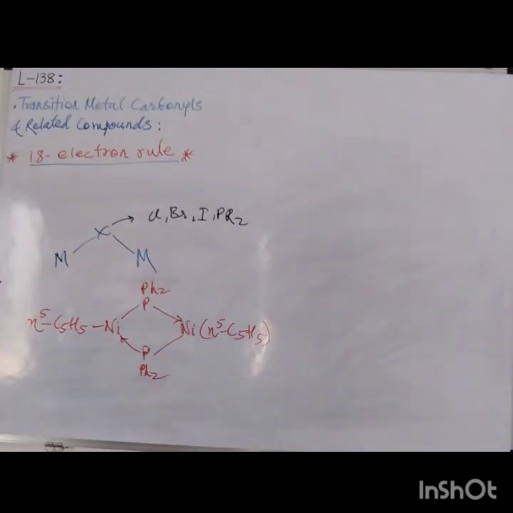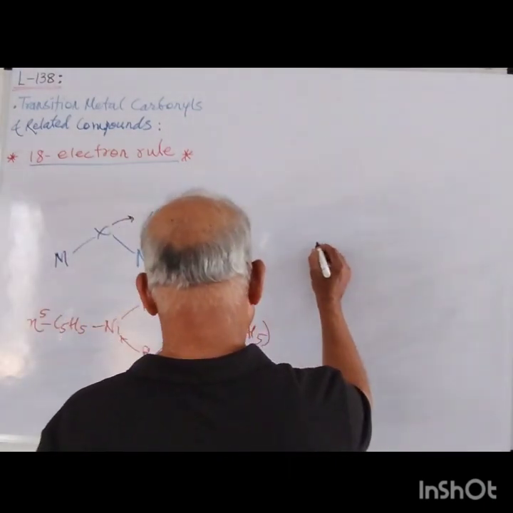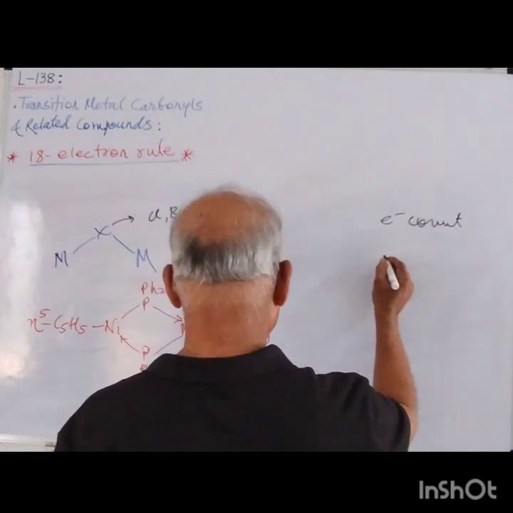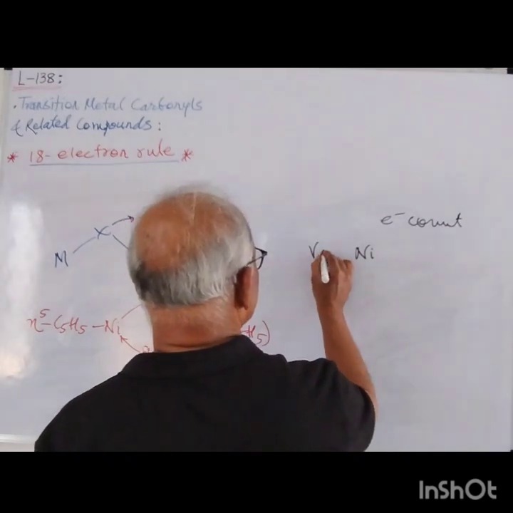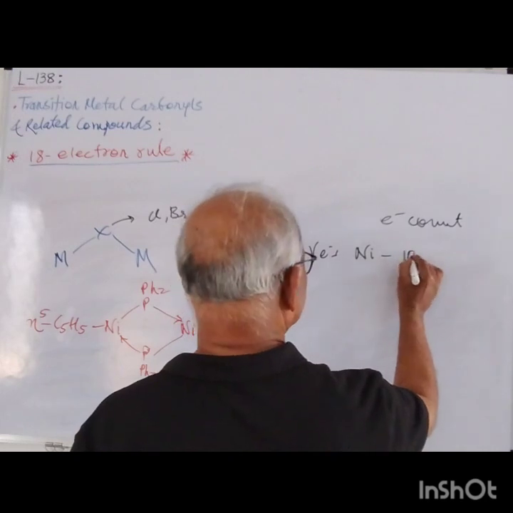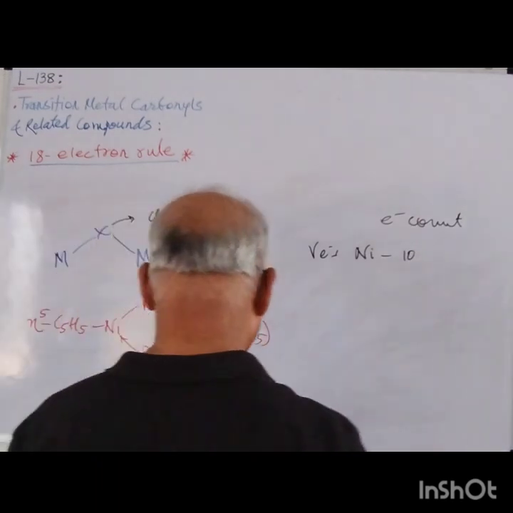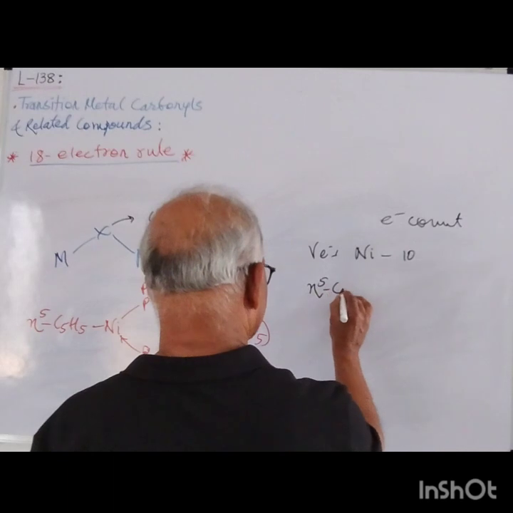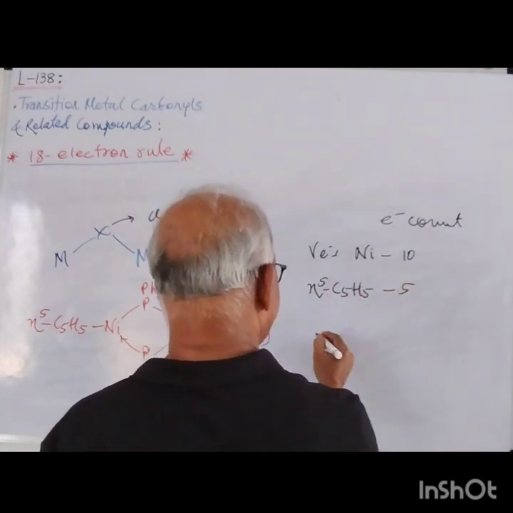So the electron count for this is: valence electrons are 10. Then eta5 C5H5 contributes 5 electrons.